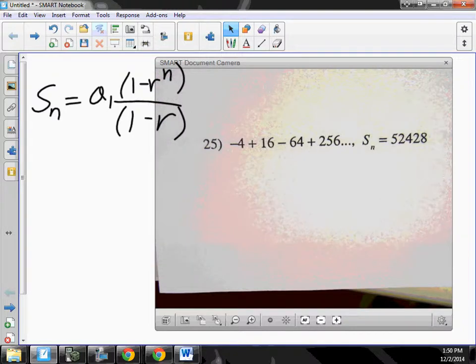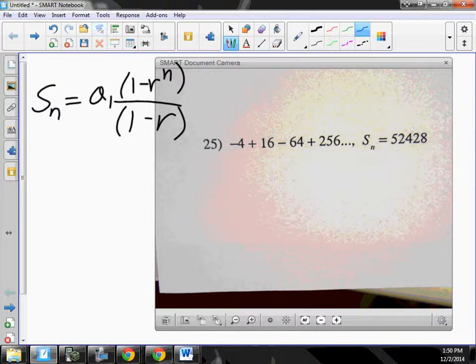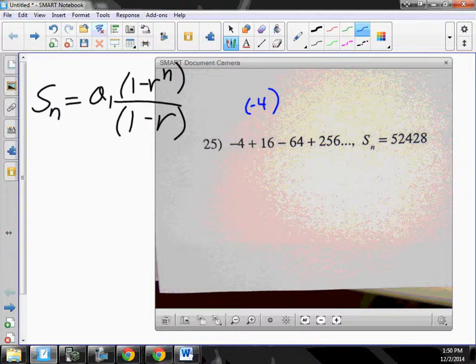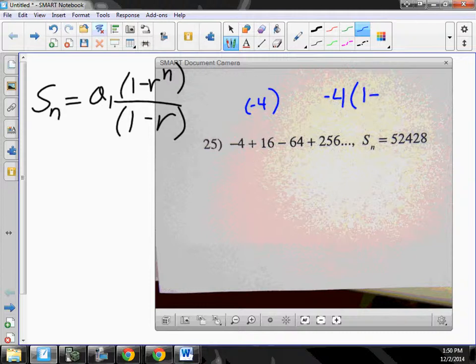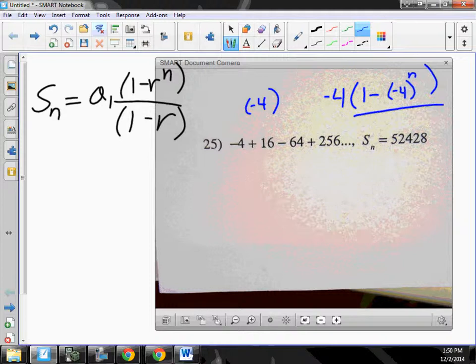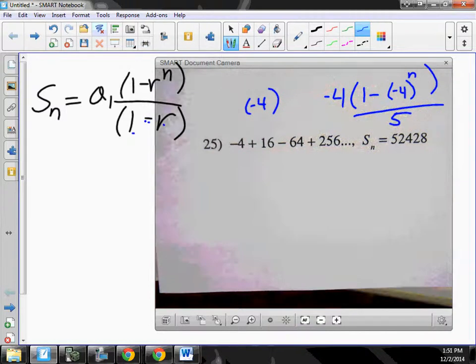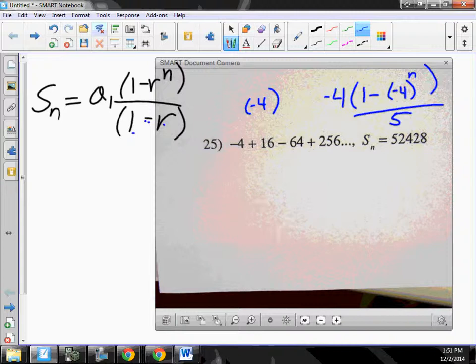So r is negative 4. So each time we're multiplying by negative 4. When you type this in your calculator, it'll be negative 4 times parenthesis 1 minus negative 4 to the n over 1 minus negative 4 is just 5. You need to type it in like this with 2 sets of parentheses or it won't work. Whenever that r value is negative, you'll need 2 sets of parentheses.